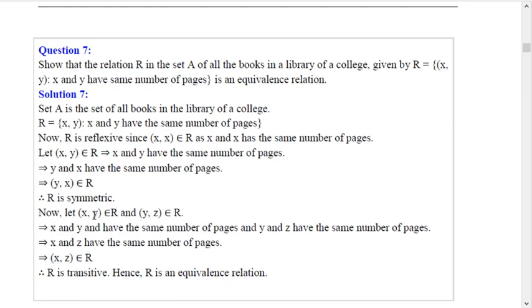Suppose x and y both have 6 pages. Then y is 6, so z is also 6. It means x and z also have the same number of pages, so (x, z) also belongs to R. So this relation is transitive. If this relation is reflexive, symmetric and transitive, then R is an equivalence relation.